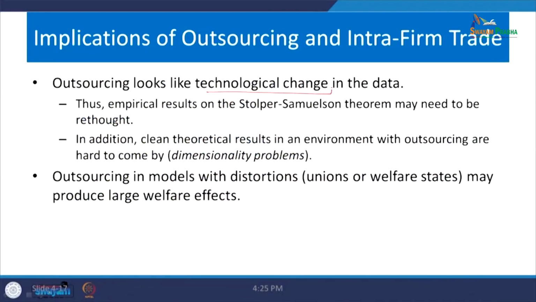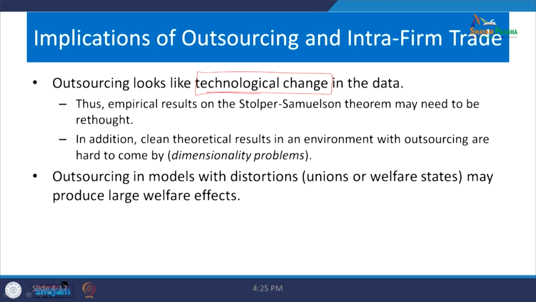Now, we are actually exploring or tapping the benefits across the globe. So, this is very important in the present day discussions. Outsourcing looks like technological change in the data, because the additions to the value or the knowledge addition is flowing, and it is tapped from another source.